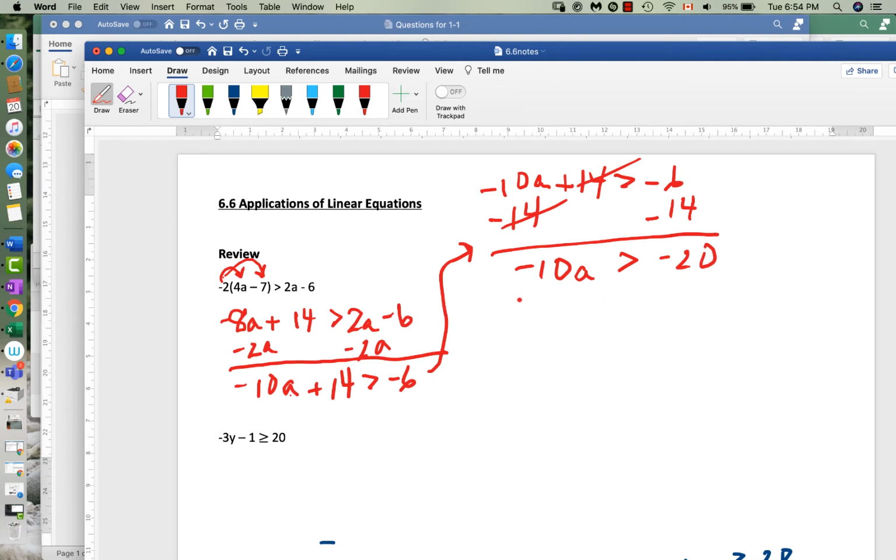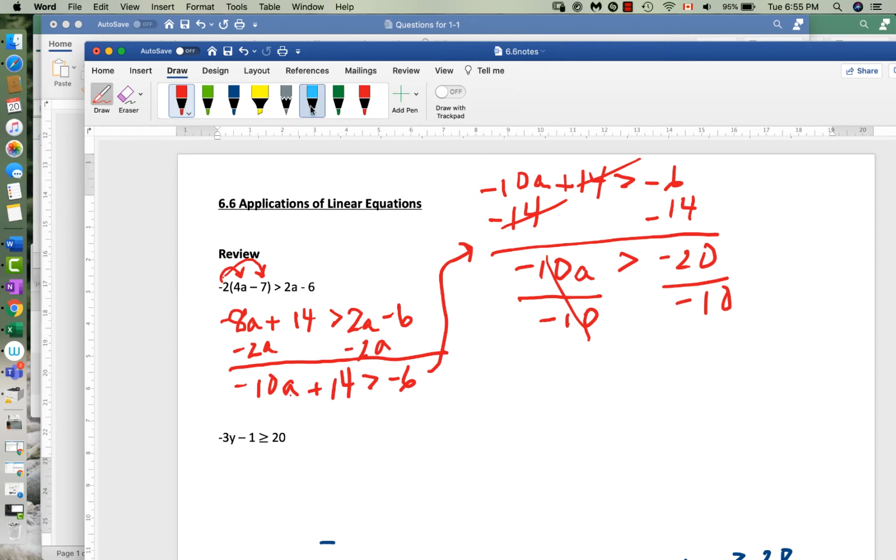Then we have to divide by negative 10, or you could say multiply by negative 1 over 10. In any case, that cancels out, and this becomes a positive, because minus 20 over minus 10 is positive 2.